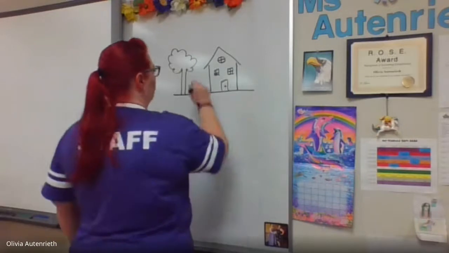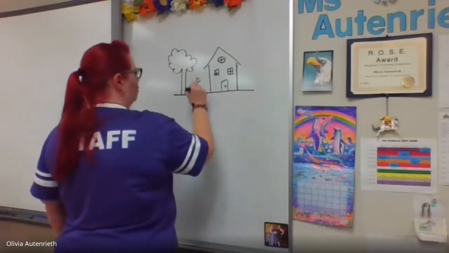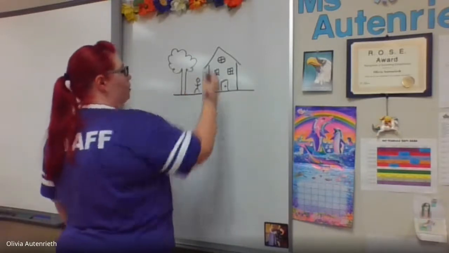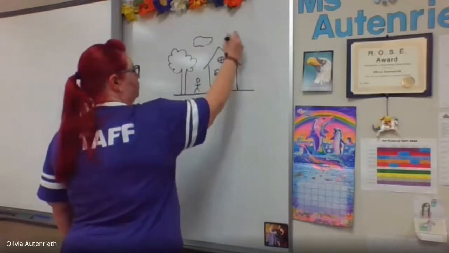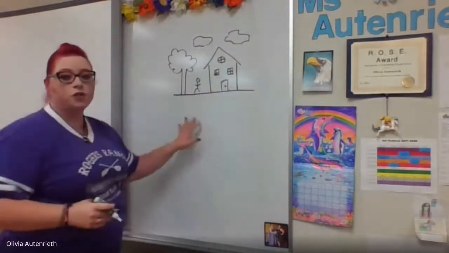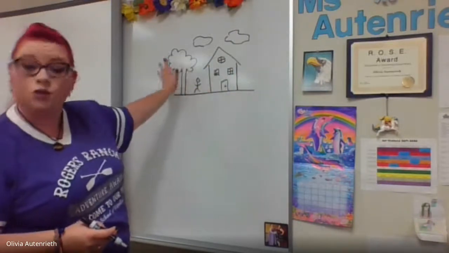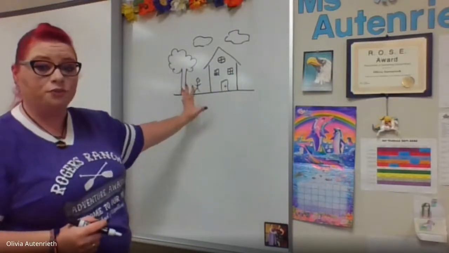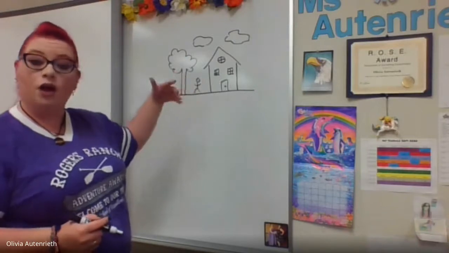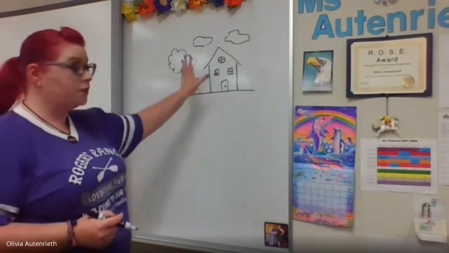Mine's apparently lumpy. And then you draw your little stick figures, and then maybe some clouds. Okay, so this is where you draw everything on the same field or the same plane. Everything is the same, so it doesn't look like it's three-dimensional. And when you're younger, this is how you normally would draw.